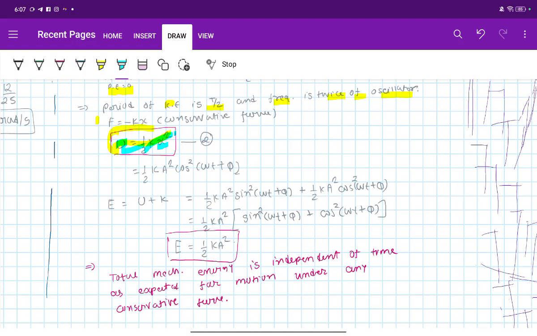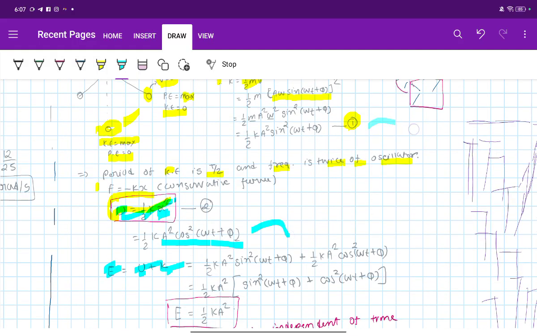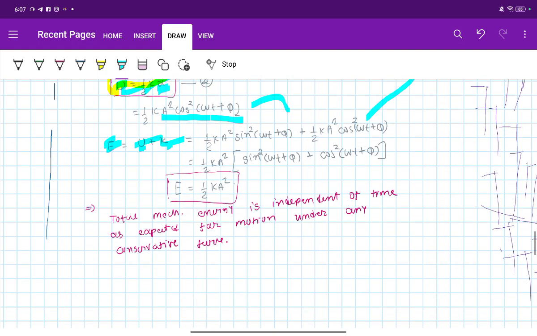So just plugging this value here, we'll end up with this equation. So total energy will become potential energy plus kinetic energy, and by plugging these values here, we'll end up with this equation. So this is the total mechanical energy of an oscillator, right?